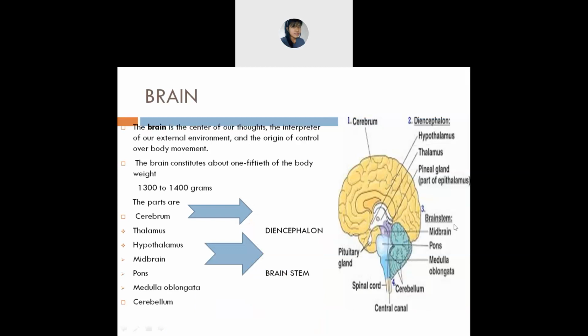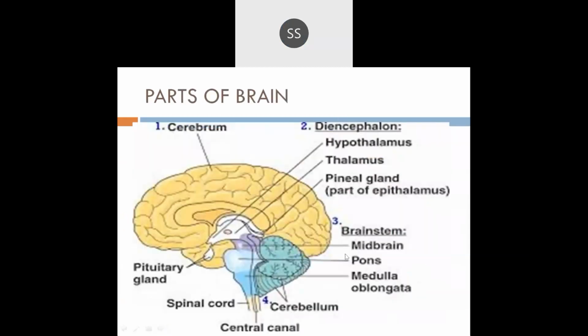The parts are cerebrum, diencephalon, hypothalamus, thalamus. Okay, continue. Number three, brainstem: midbrain, pons, medulla oblongata. Number four is cerebellum.